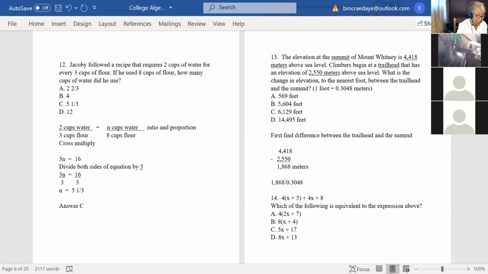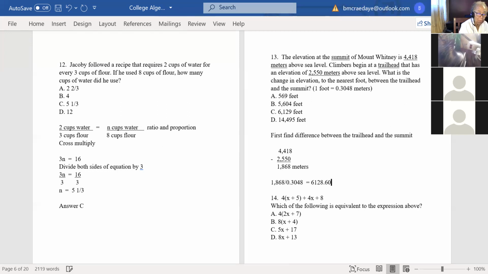Okay, 1,868 divided by 0.3048. And what do you get? 6,128. That's because we're going to round it, because it said to the nearest foot. So what we get is 6,129 feet.